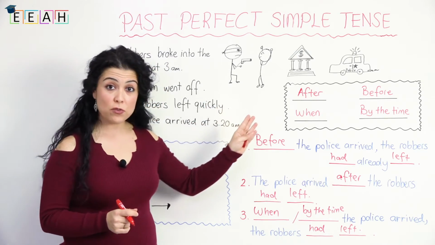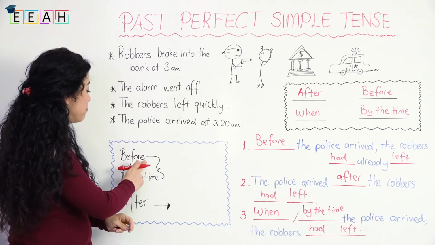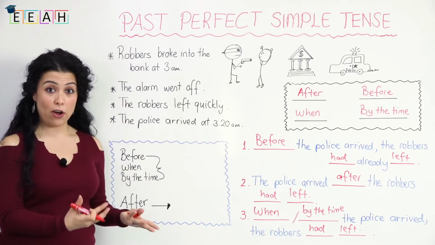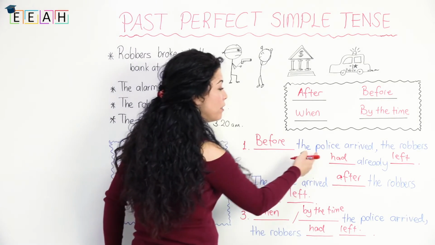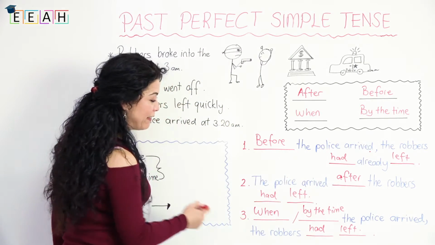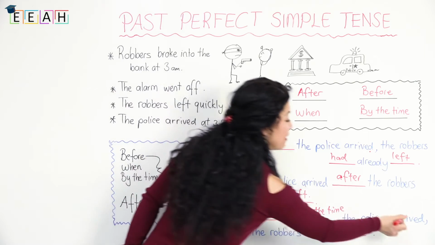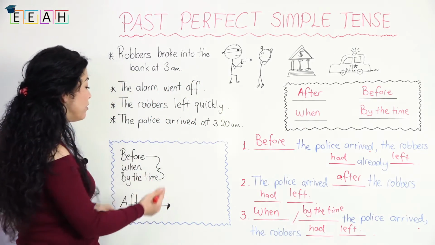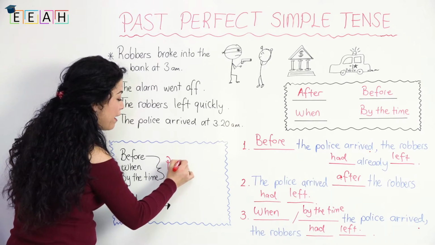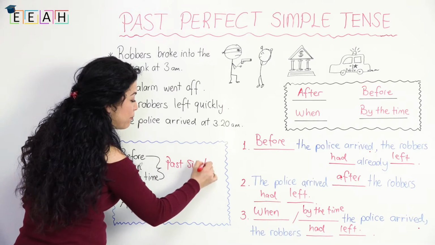So one thing that I want you to notice here is this. With the conjunctions we have, with before, when, and by the time, we use past simple tense. Look, before the police arrived. Or we say when the police arrived. By the time the police arrived. So after these 3, we have past simple tense.